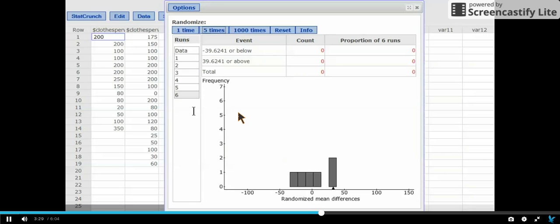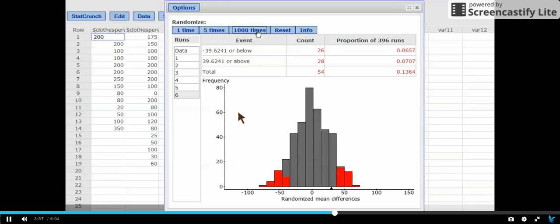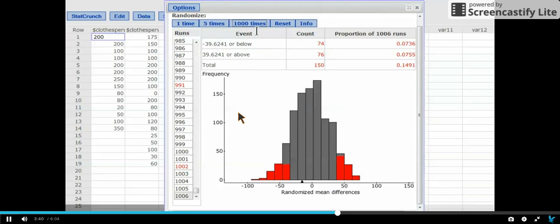Okay, we want to do this a number of times, so we're going to click on 1,000 times 3 times, and as we do that, you can see the histogram start to build. So that's 1 time, 2 times, 3 times. So now we have a total of 3,006 resamples.